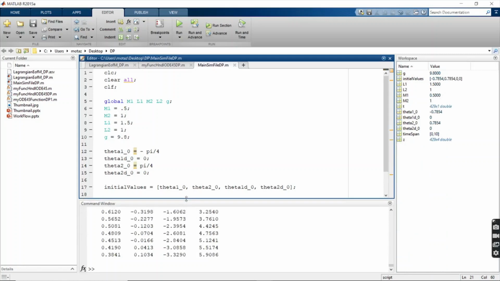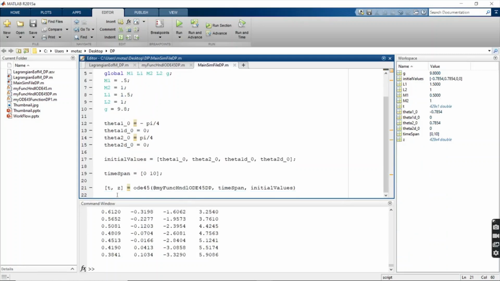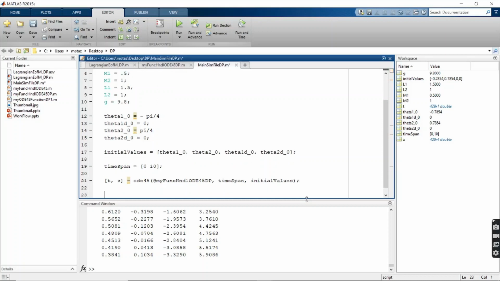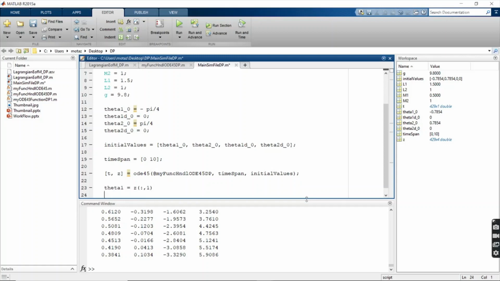So here's T and Z. Z is just a vector with 4 columns. Each column is what we defined: theta 1, theta 2, theta 1 dot, and theta 2 dot. So let's define those. Theta 1 is equal to Z, all the rows, column 1.